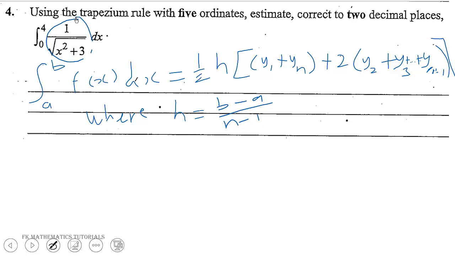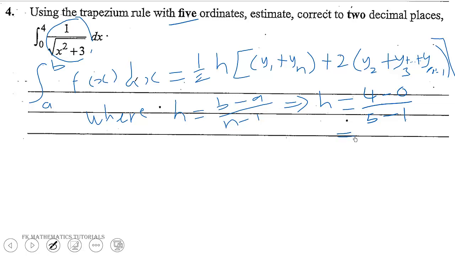So how do you get the x values? You add the h to the first limit until you get the last limit. We were told that h is equal to b minus a over n minus 1. So this implies that h will be equal to, the b is 4, the a is 0, the n is 5, then minus 1.